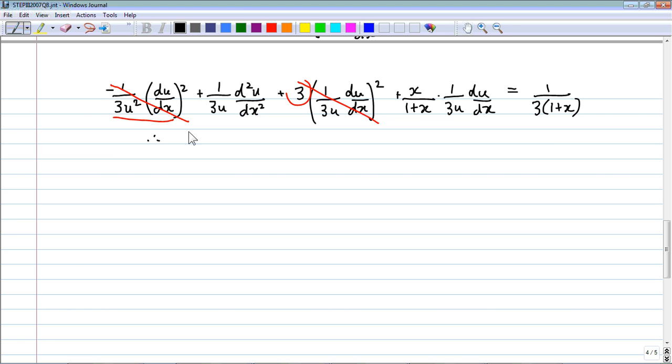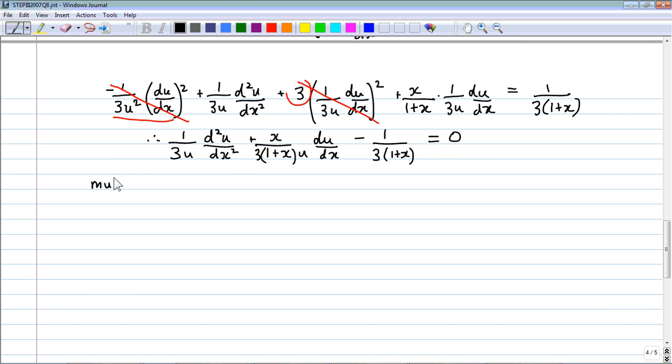So therefore 1 over 3u d2u by dx squared, plus x over 1 plus x, so let's put a 3 there and a u there, du by dx, and let's take this over from the other side, minus 1 over 3 times 1 plus x equals 0.